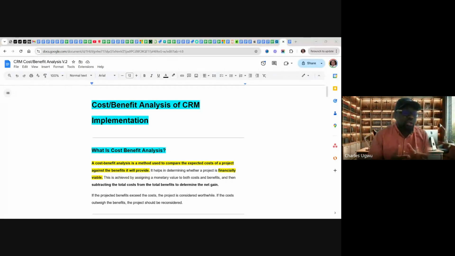So like what we did here, after implementing a project, you see how much you spend in implementing the project, and then maintaining the project or the solution.